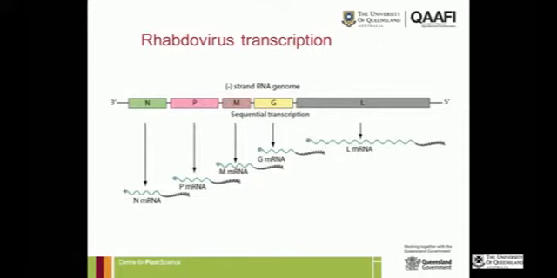I mentioned that the transcripts need to be made. So this is the genome, 3' to 5', with our 5 proteins, N, P, M, G, and the L polymerase. And these get sequentially transcribed to make the messenger RNAs and then the proteins.